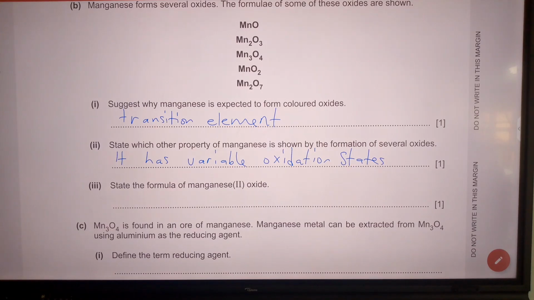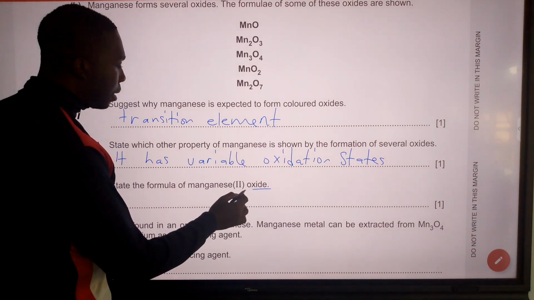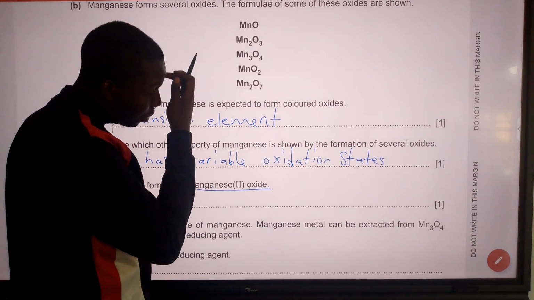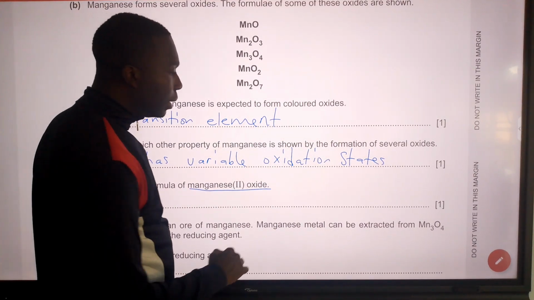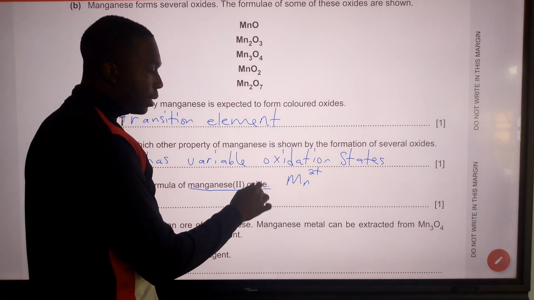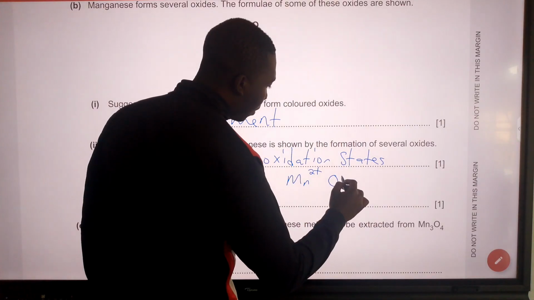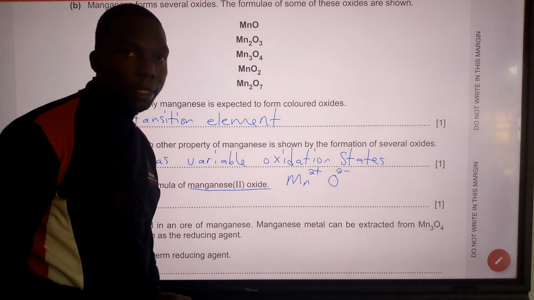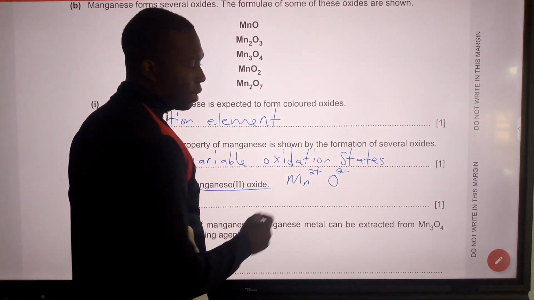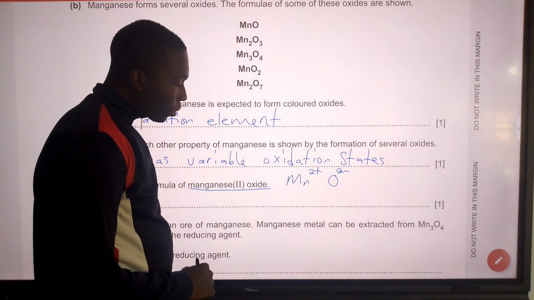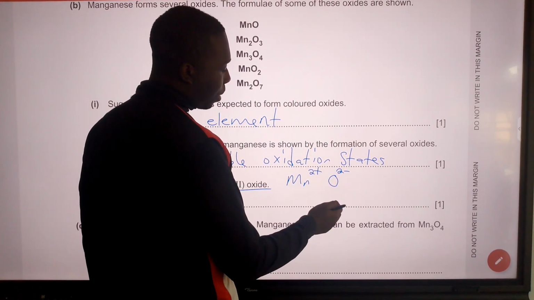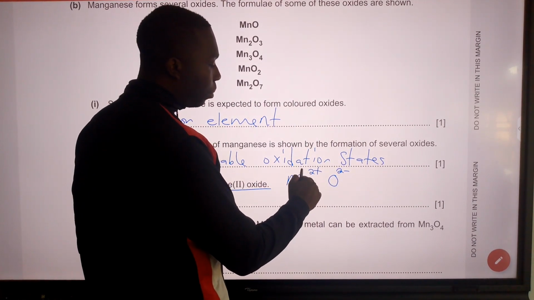Then item 3: state the formula of manganese(II) oxide. The number in brackets shows the charge of manganese. So here we have Mn2+. The oxide is the oxide ion, which is O2-. If you look at the charges, this is 2+ versus 2-. So we can see that we only need one oxide ion to balance this 2+ from manganese.